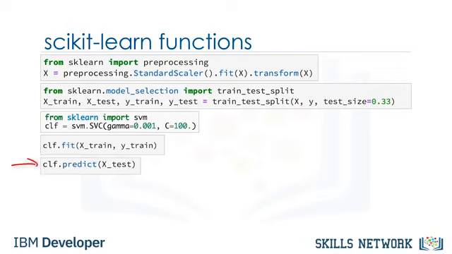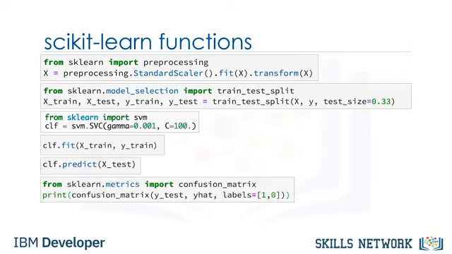Then we can use our test set to run predictions. And the result tells us what the class of each unknown value is. Also, you can use different metrics to evaluate your model accuracy, for example, using a confusion matrix to show the results. And finally, you save your model.